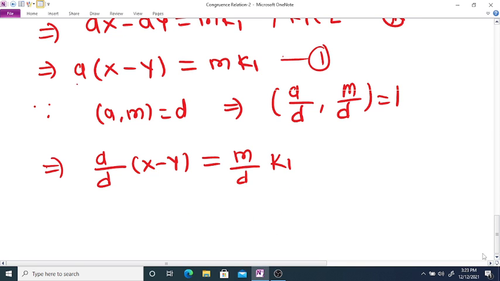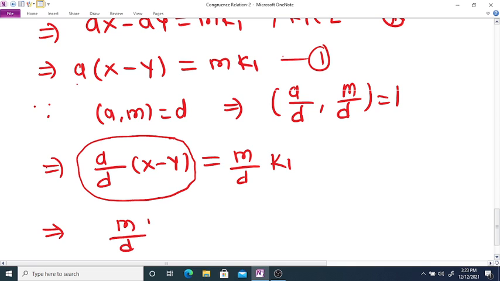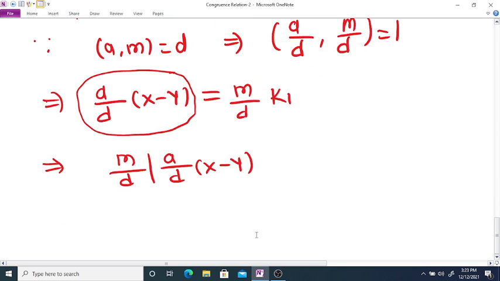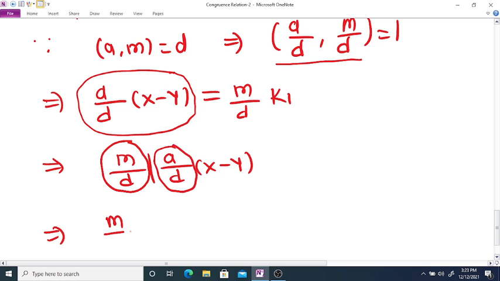Now this implies that a by D times x minus y is a multiple of m by D, and therefore m by D divides a by D times x minus y. But since GCD of a by D and m by D is 1, this implies m by D divides x minus y.